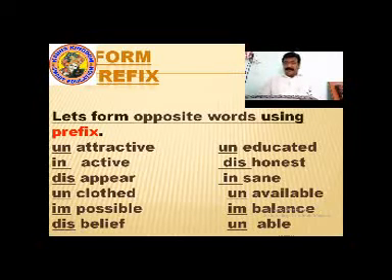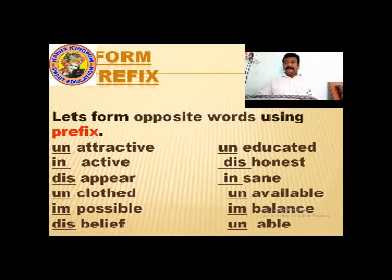Appear. When we say appear, what is appear? Appear is coming in front. So, to form its opposite, what is the prefix used here? The prefix used is DIS. Disappear. Vanish, disappear. Cloth.